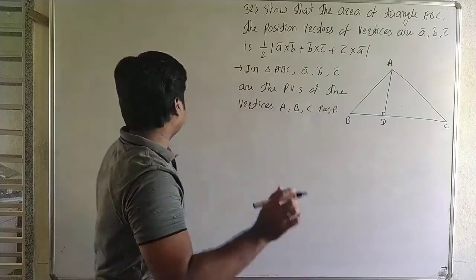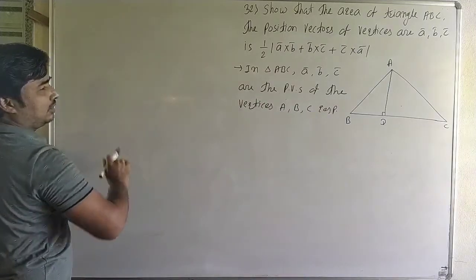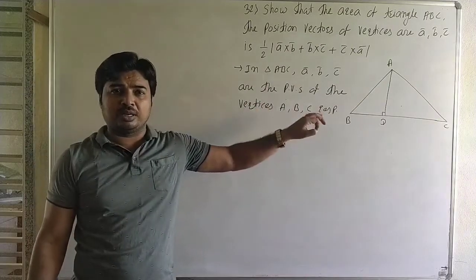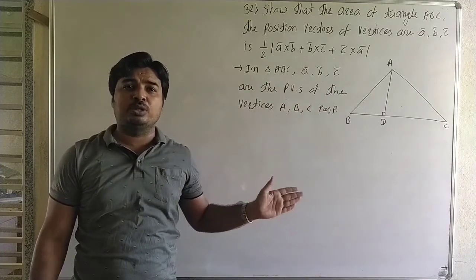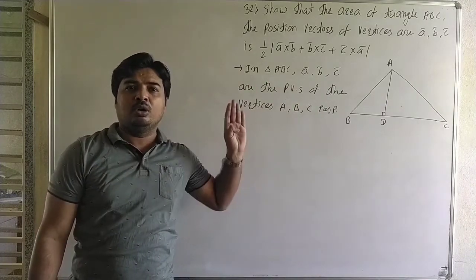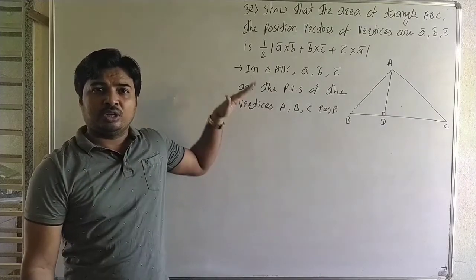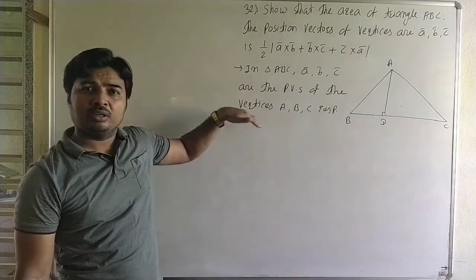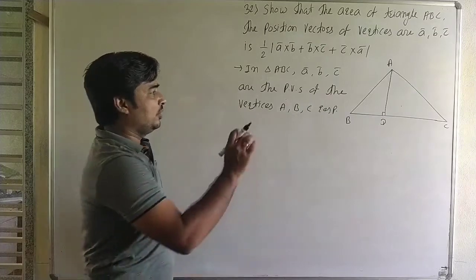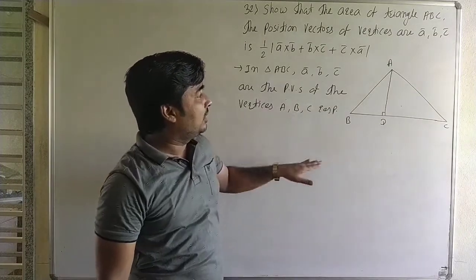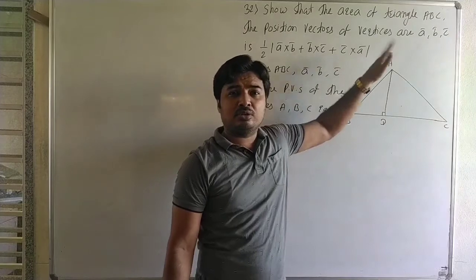We know that when any two sides are given, the area is 1/2 AB bar cross AC bar. When AB bar and AC bar are the sides of the triangle, then 1/2 magnitude of AB bar cross AC bar is the area of the triangle. We can see the formula in the previous lecture. Now here we prove that the area of the triangle is 1/2 AB bar cross AC bar.